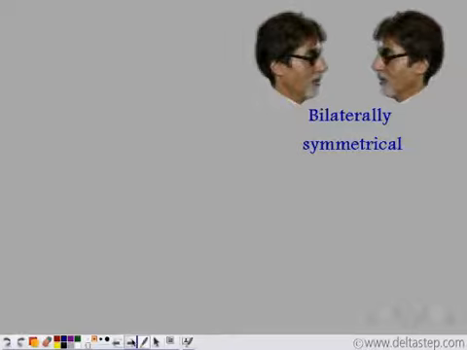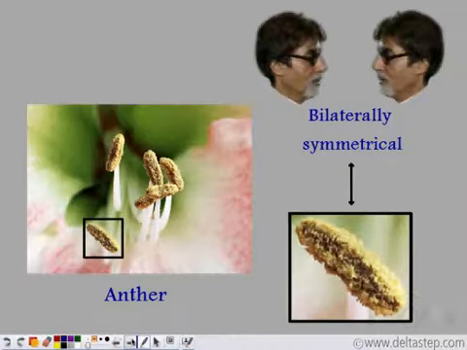This is because a human head is bilaterally symmetrical, which means it is symmetrical or similar on both the sides. Similarly, the head of a stamen, which is known as an anther, is also bilaterally symmetrical. That is, it has 2 equal halves.